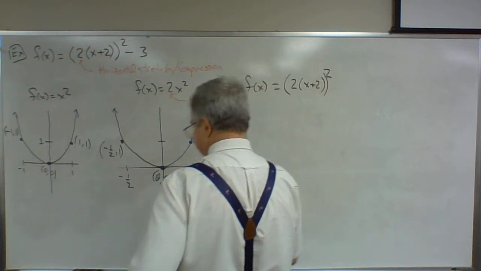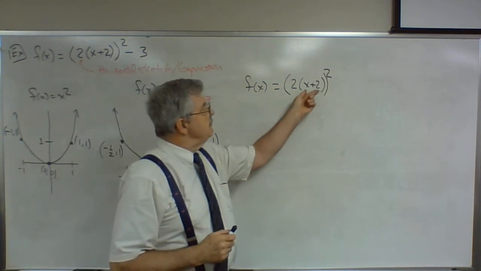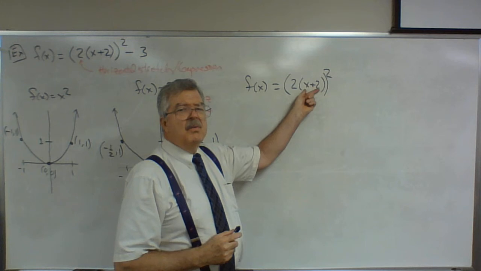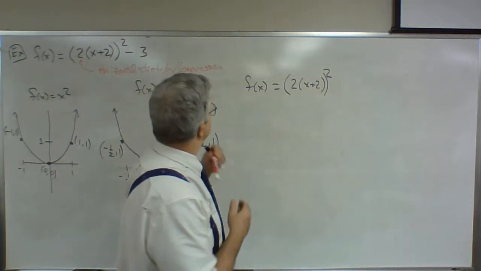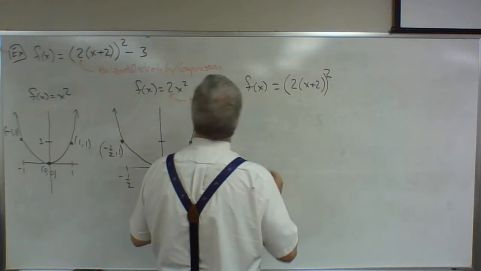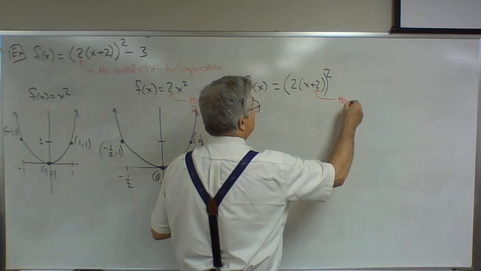Inside the parentheses, we're adding 2 to x. This is horizontal shift.